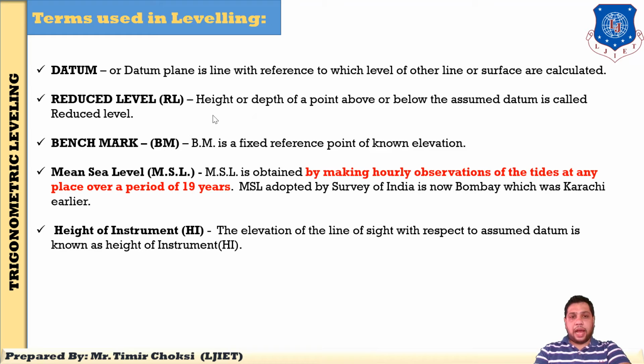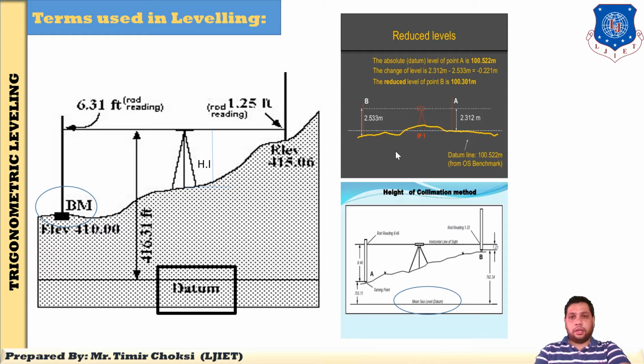Now reduced level, RL. The height or depth of a point above or below the assumed datum is called the reduced level. So the point is below or above the datum, and this is called the RL, meaning reduced level. Here I have given an example so you clearly understand. The absolute datum level of point A is 100.522 meters, meaning point A is above the datum line.